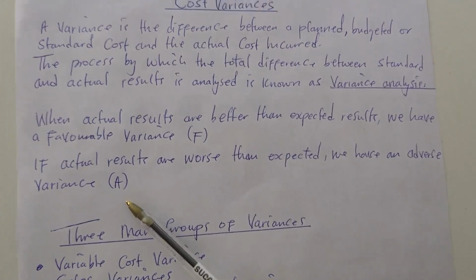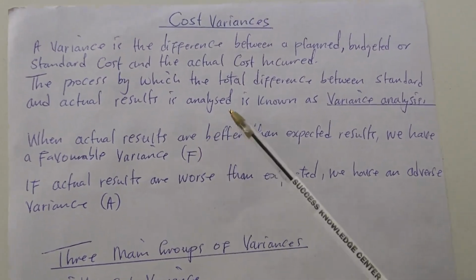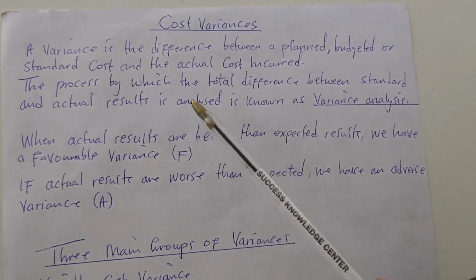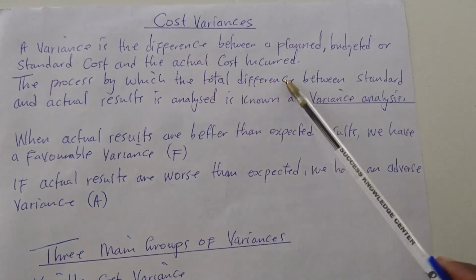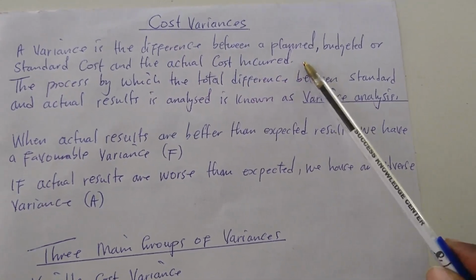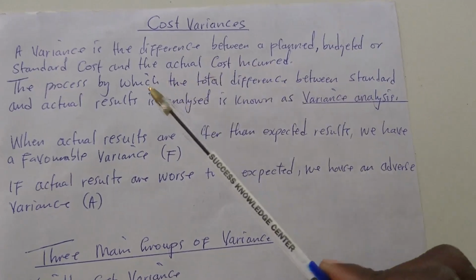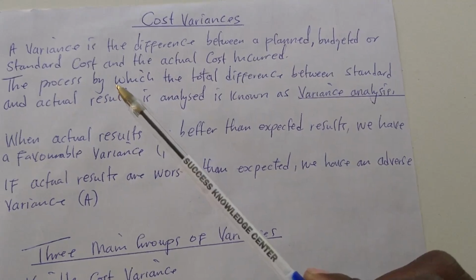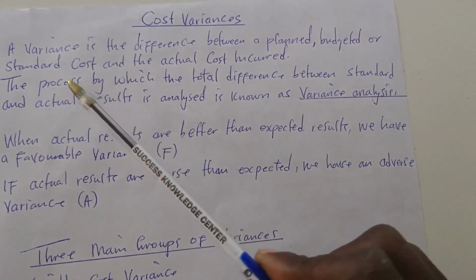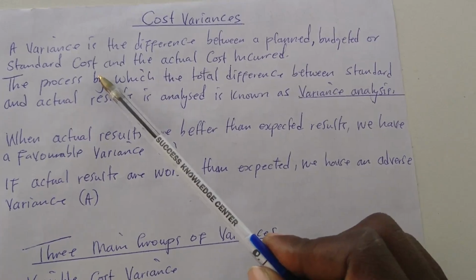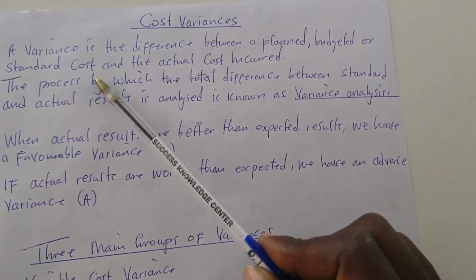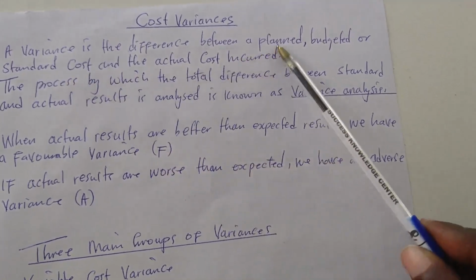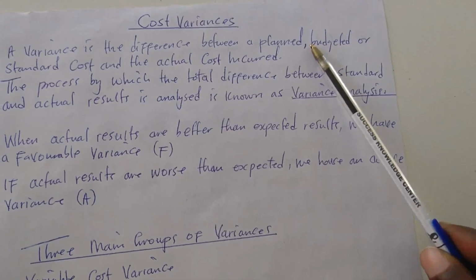Okay. So just to explain what these notes mean, we are saying a variance is the difference between planned, budgeted or standard cost. These standard costs are how much you are going to spend, and they are the same as what we are calling planned or budgeted.